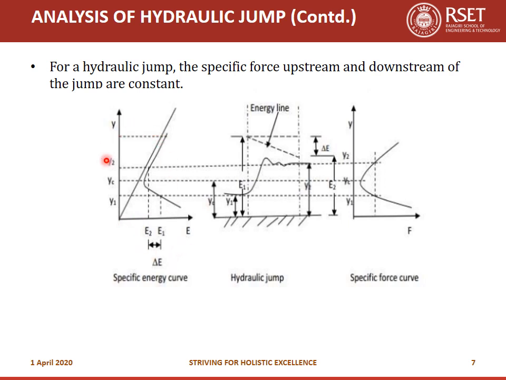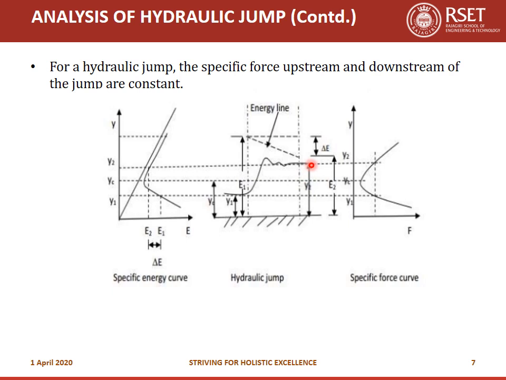Now, I have here the specific energy curve and I have here the specific force curve. The specific force curve is a curve between specific force and depth of flow, and the specific energy curve is between specific energy and depth of flow. What you can see is that this is Y1 and this is Y2, the depth of flow upstream and downstream of the hydraulic jump.